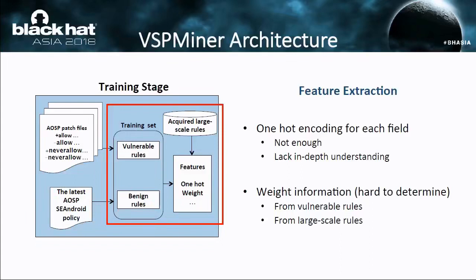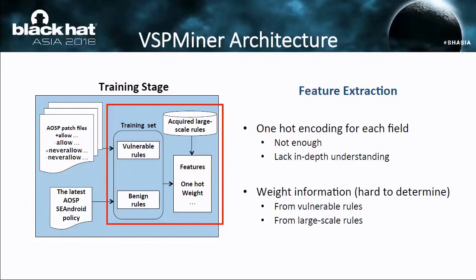Which rule is more critical cannot be explained by the features. So we try to assign weight information to the rules, to better explain whether a rule is vulnerable or not.